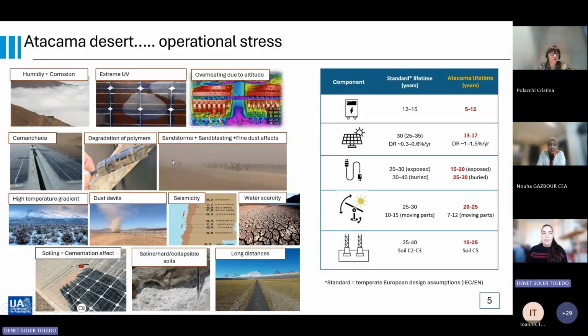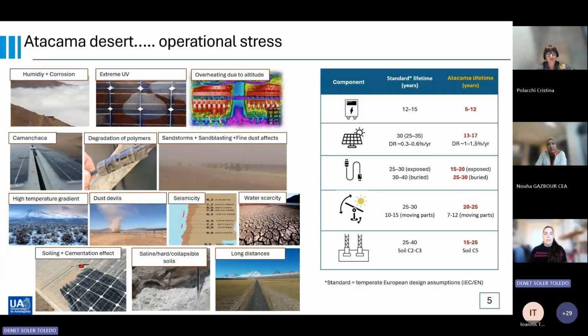We have very hard sandstorms and blasting, dust devils, and we are in the most seismic country in the world. We have the problem of water scarcity, and under the soil, we have very hard, saline and collapsible soils that have a direct impact on the design, mainly of the mounting structure, for example.